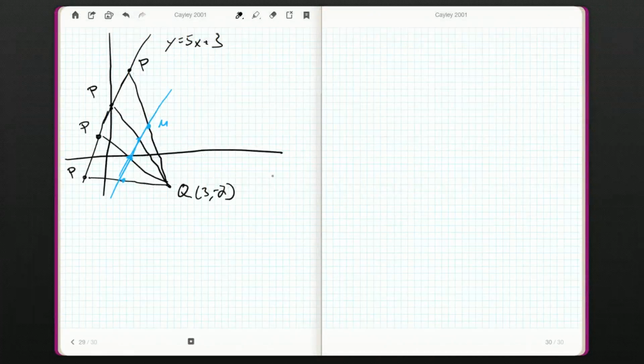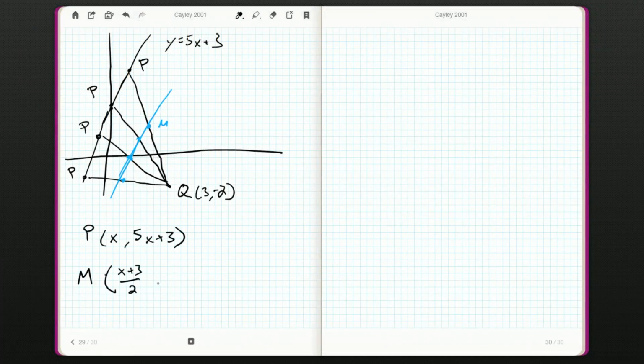But another way to do this would be to take just our general form of P, which is going to look like (x, 5x plus 3). We could find some specific values, but in general, M is going to be the midpoint. How do we find midpoints? If you have the line segment PQ, the midpoint is just the average of the coordinates.